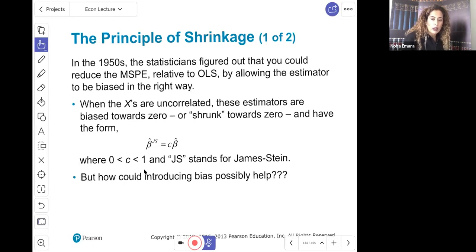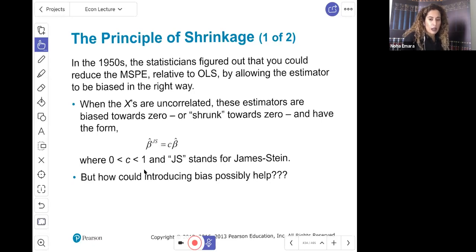Or I can write them in this form: beta hat JS, which stands for James Stein, which is the last names of two statisticians, James and Stein. And they created this shrunk coefficient, which is the C. And they basically said, okay, this C would be between 0 and 1, as long as I can assume that X is uncorrelated.